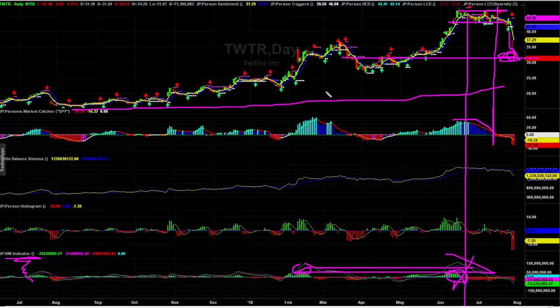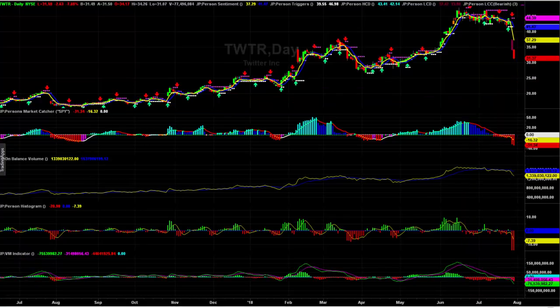I'll be honest with you, whether it's 30 or 32, somewhere here when we start to turn around and stabilize and we start to see impressive volume return, quite frankly, I'm not all that bearish on Twitter. The volume action, as you can see on the volume histogram component, is not as negative as it really could be. It could be substantially more negative like it was back in those days, right?